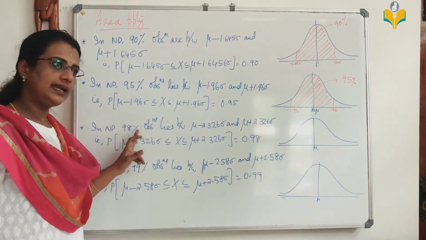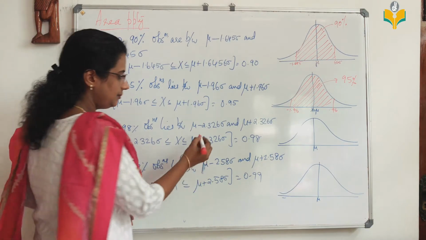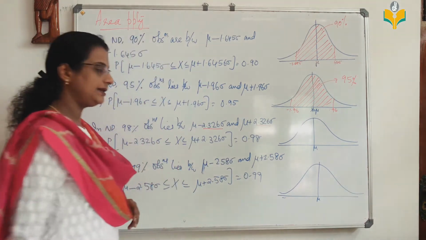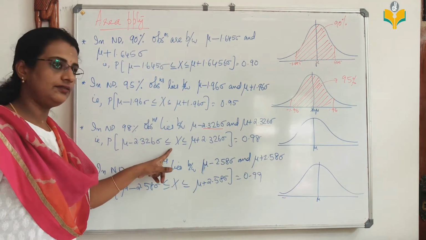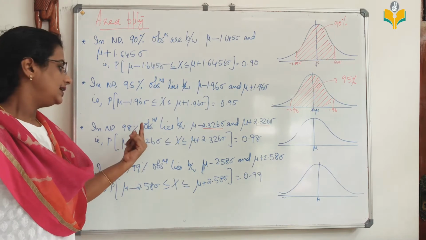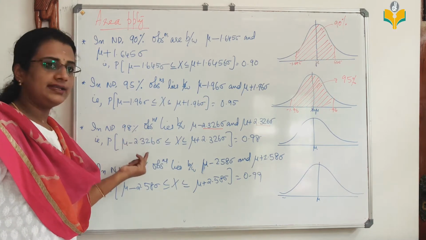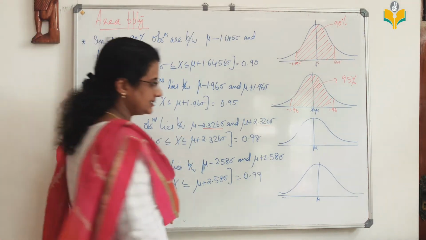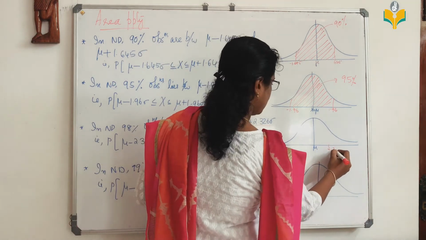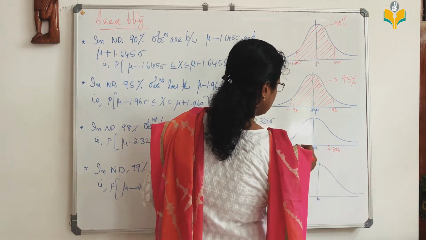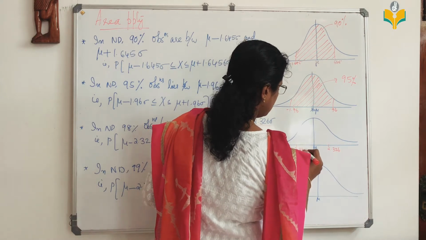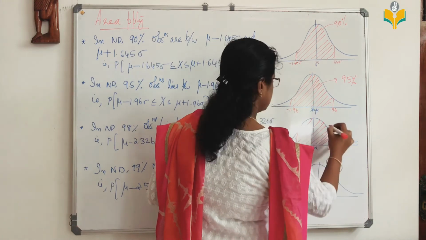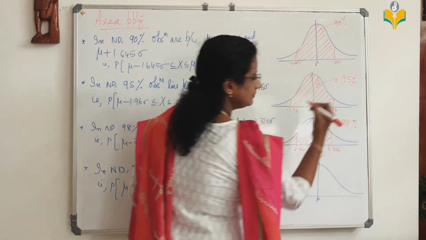Now, 98% of observations lie between mu minus 2.326 sigma and mu plus 2.326 sigma. If this is 2.326 sigma and this is minus 2.326 sigma, this will be the area, and the probability of getting this area is 98%.